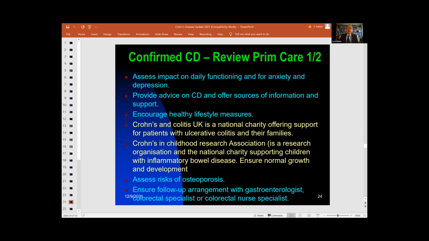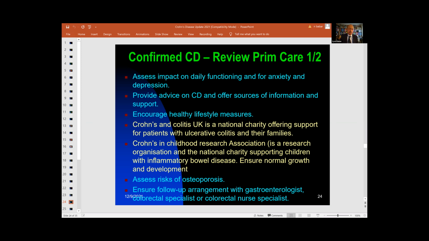We need to provide advice on self-management of Crohn's disease by the patient themselves. And so we would need to offer signposting via the internet, by phone calls, or through booklets or literature. Healthy lifestyle is promoted with or without contribution from the dietitian.